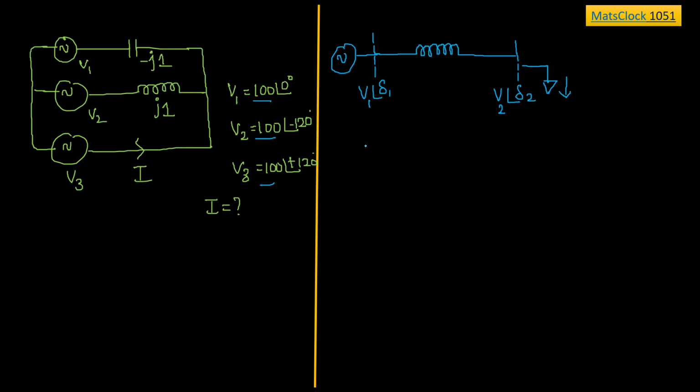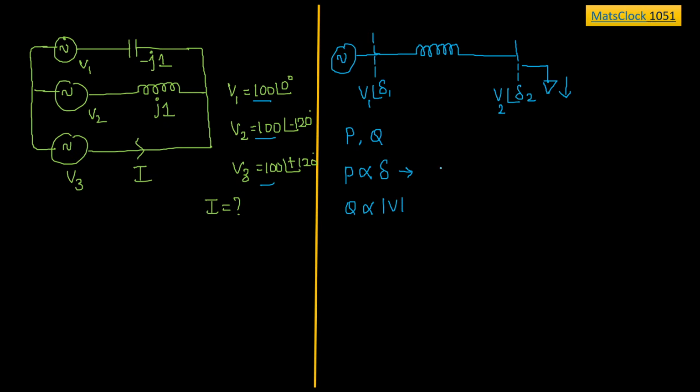We will be dealing with two powers: one is called real power and another is called reactive power. According to the decoupling phenomenon, you will come to know its meaning when you enter power system. Real power is proportional to the value of delta. Reactive power is proportional to the magnitude of the voltage. How do we predict the nature of real power flow? That can be decided by the value of delta.